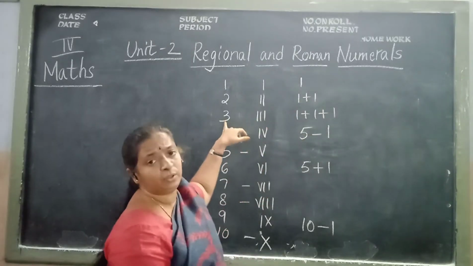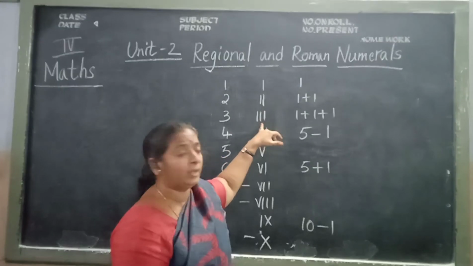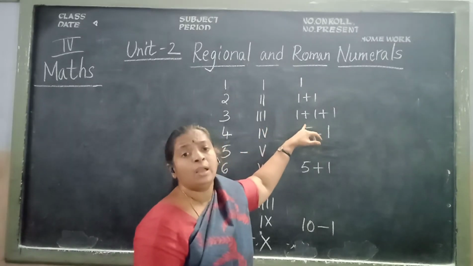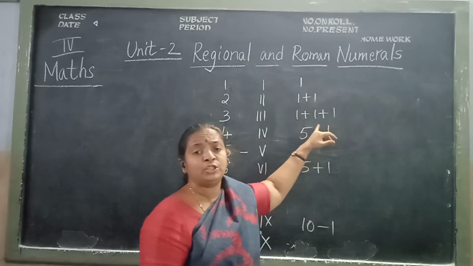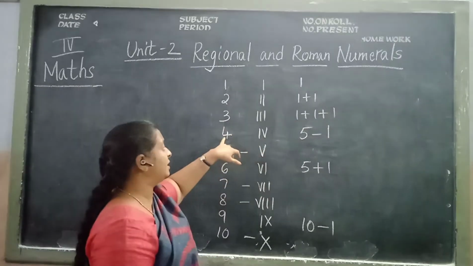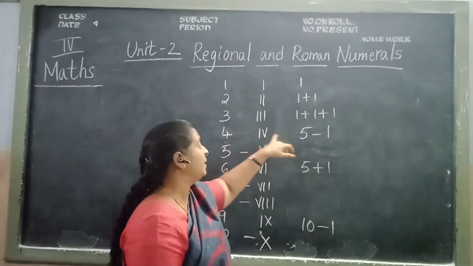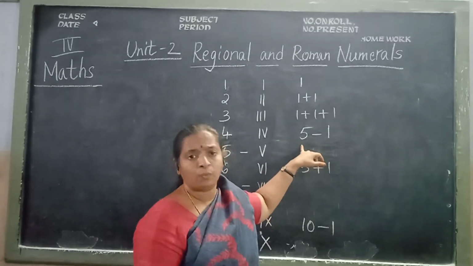And this one 3 Hindu-Arabic numeral, and this is the Roman numeral, and we show it as 1 plus 1 plus 1. Here, children, this is 4. This one is the Roman numeral 4. This one is 5 minus 1, children.